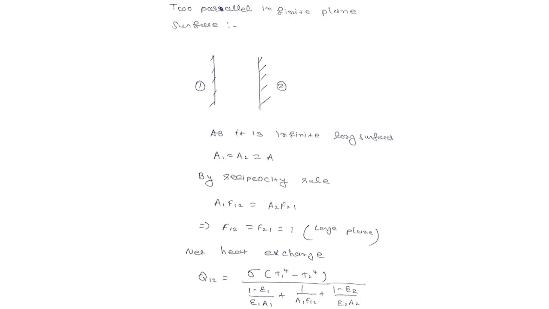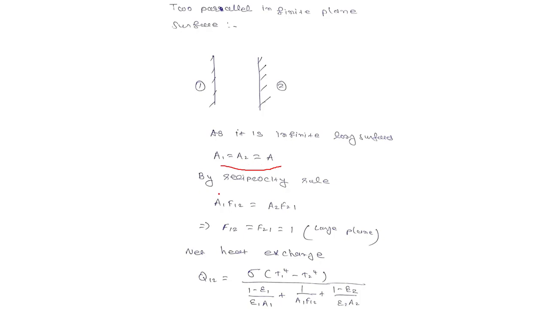As both are infinitely long, we can consider the area of both to be the same, so we put A1 equal to A2 equal to A.